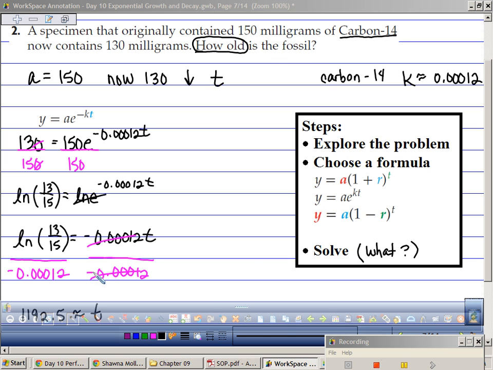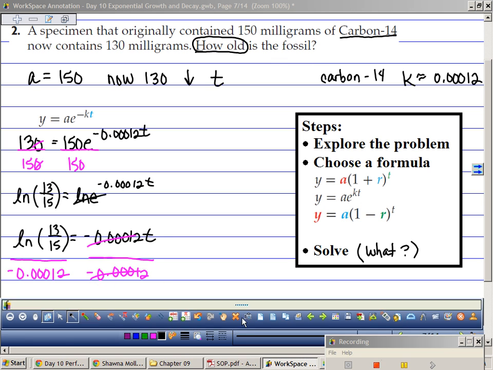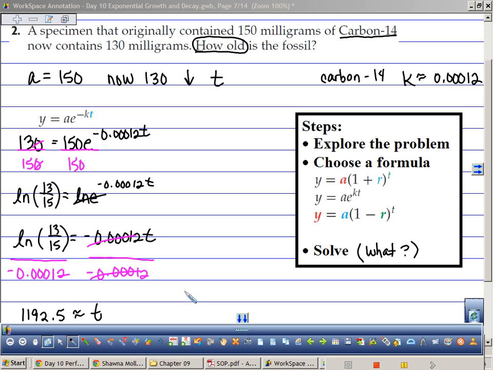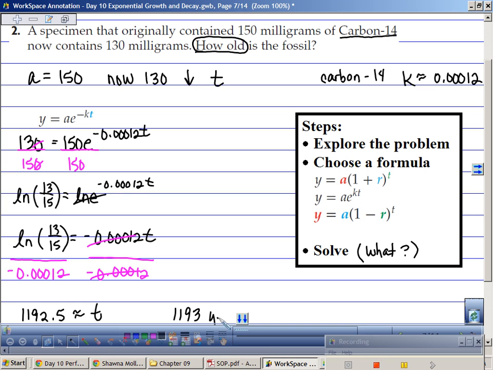How old is it? So in years, it would be 1193 or 1192. You would round.